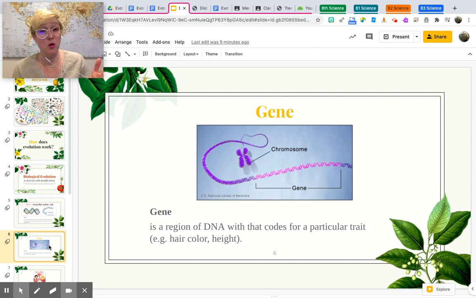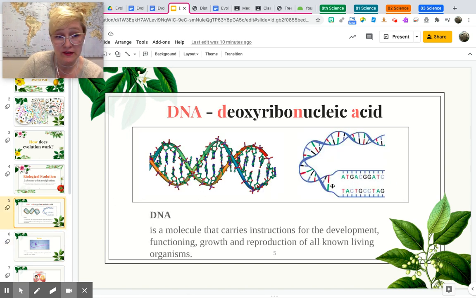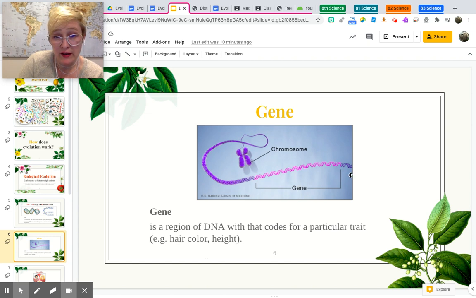If you're an oak tree, it'll encode for the size of your leaves, all sorts of different things, like things you can see, and also boring things within your cells, like ribosomes or lysosomes, or your immune system. Obviously, there are genes for different parts of your immune system. There are genes for anything. So again, the genes are just these specific things, right? It's a part of DNA that encodes for a particular trait. So there's a gene for hair color, there's a gene for height, there's a gene for everything about you.